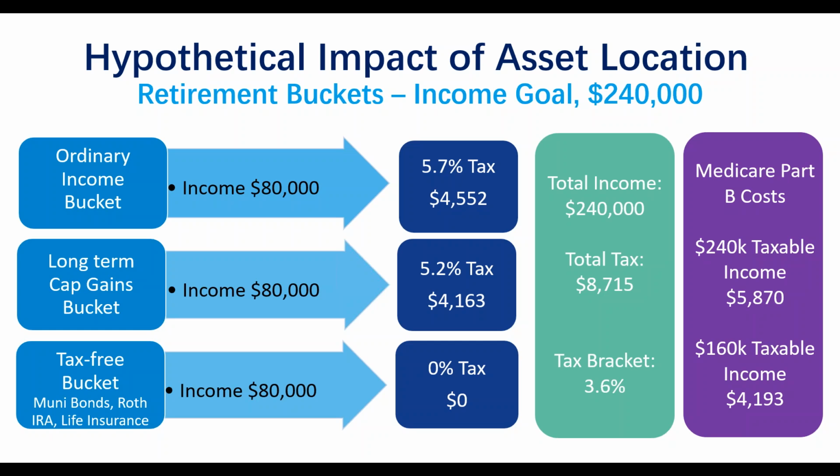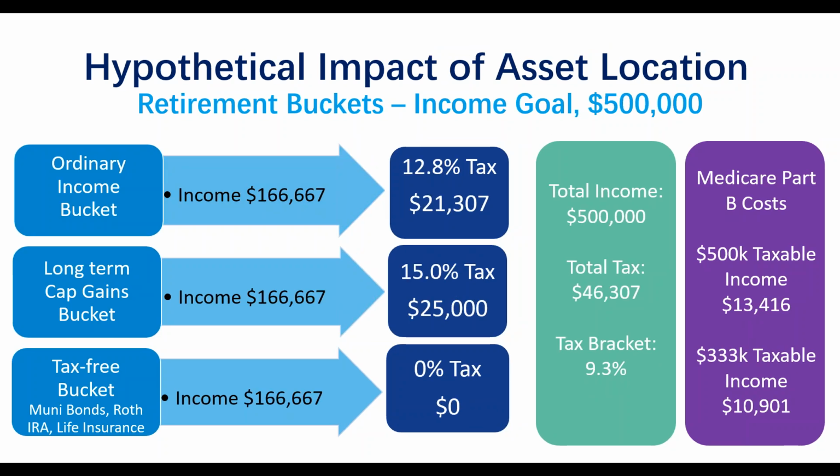This is the stuff in the future where we can really, really increase the amount of take-home money out of our retirement portfolio. And then even if we go up to 500,000 of retirement income, effective tax bracket close to 10%. So most clients are probably going to retire on 500,000 or less dollars.